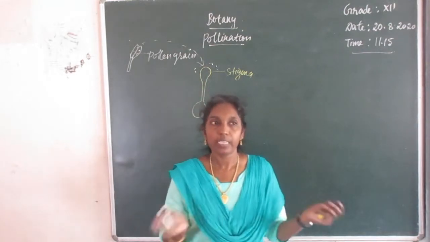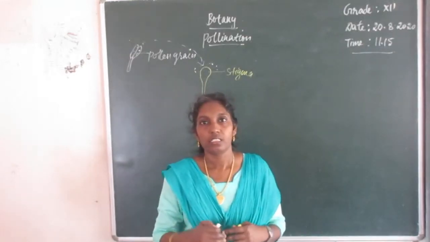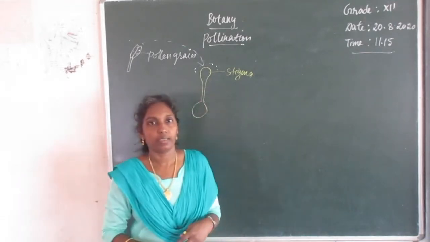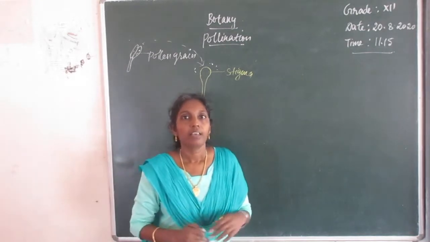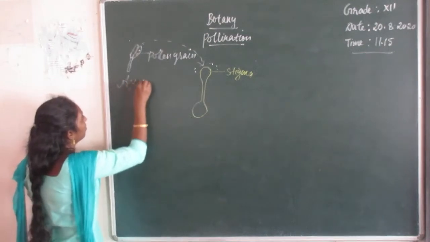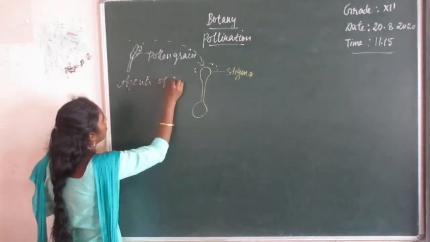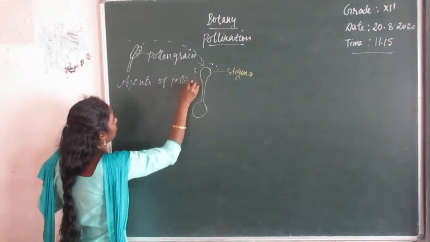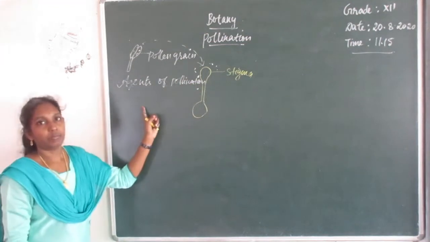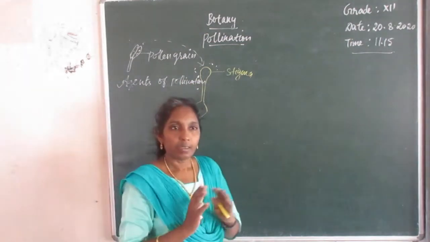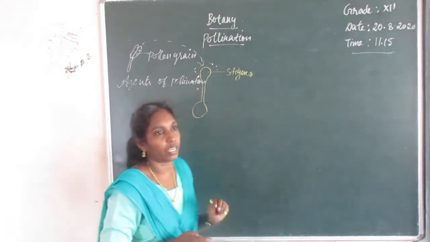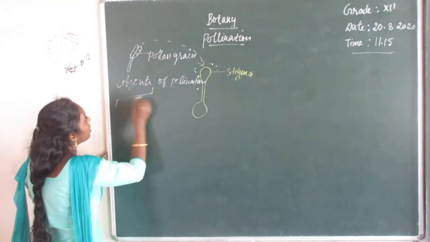And there are a number of types of pollination: self-pollination, cross-pollination, and different types under self and cross-pollination. Today's class, let's discuss the agents of pollination. Depending upon the number and nature of agents, there are two main classifications, biotic and abiotic.